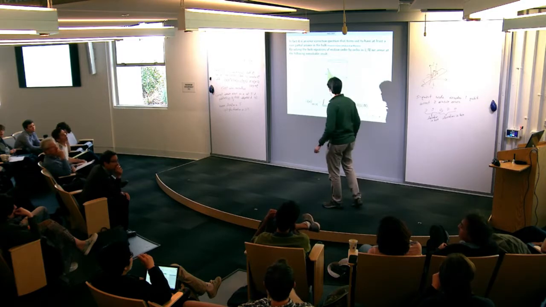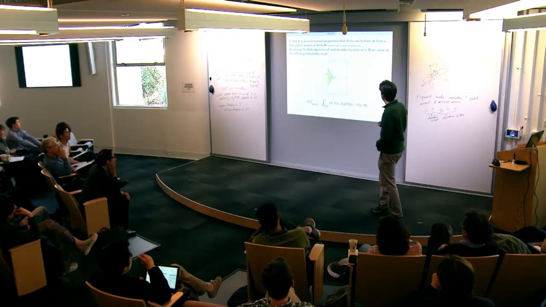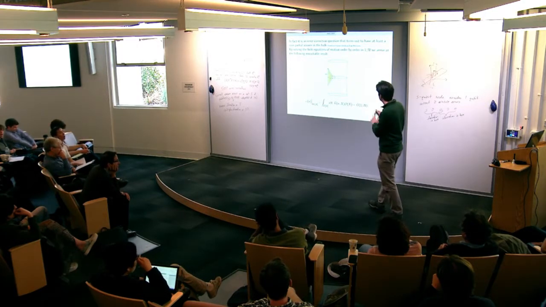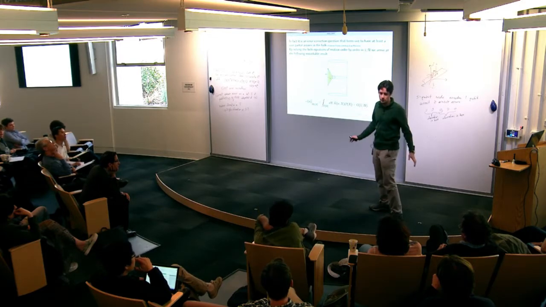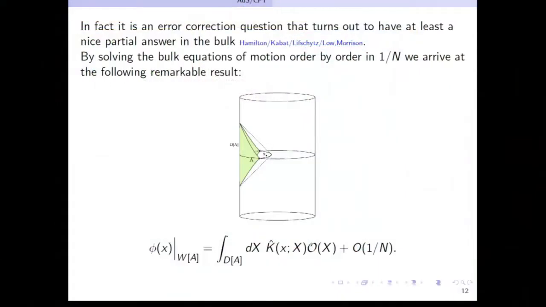This is just to give you a sense that there's some operation which is fairly natural from the bulk point of view, which looks a lot like this reconstruction of logical operators. To make the connection precise, I'm going to have to tell you what the code subspace is, and what the logical operators really are, and so on, which I will in a sec.